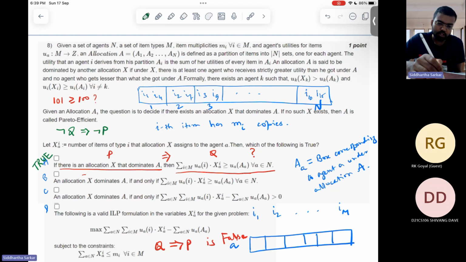Okay, let's move to the next one. An allocation X dominates A if and only if... this won't be true. We have already agreed that P implies Q is correct, so this Q is same as this Q. But P implies Q is correct, while Q implies P is not correct. If and only if means P implies Q as well as Q implies P. That won't be correct.